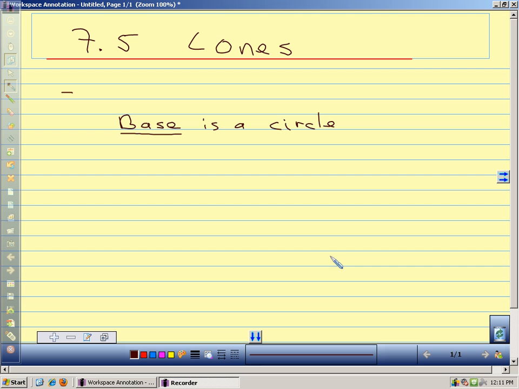Is a cone going to be a flat shape, a three-dimensional shape, 3D? Our cone is going to be three-dimensional. I'm going to call it a solid, or let's call it a figure. Three-dimensional figure with a base that's a circle.